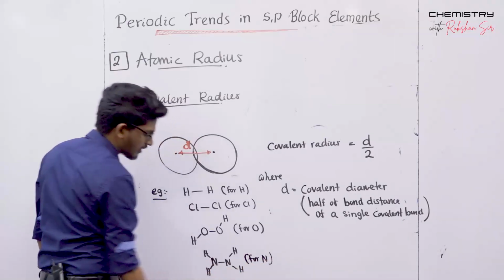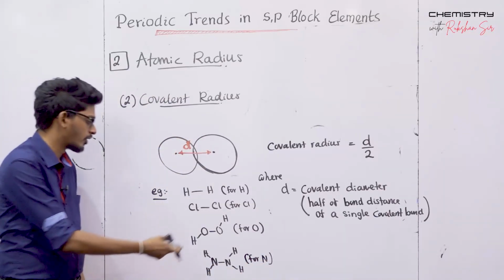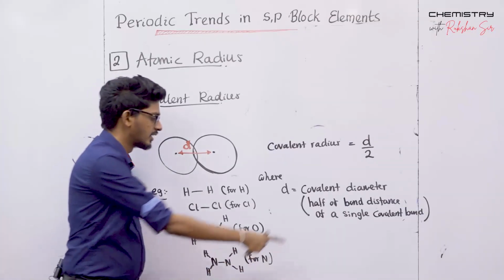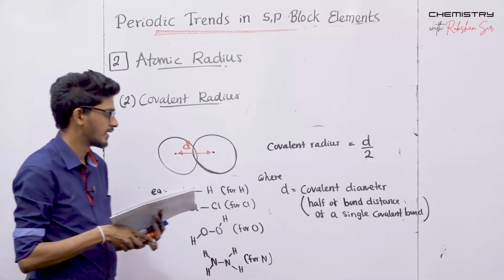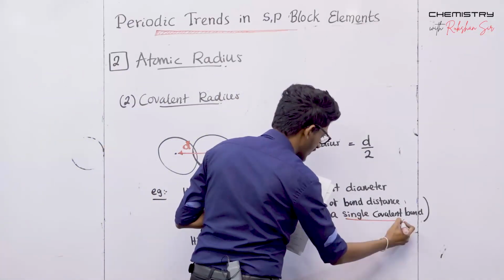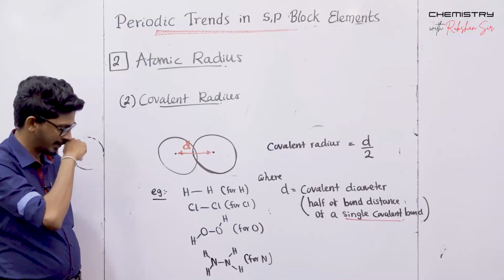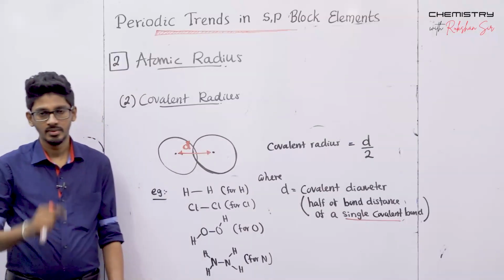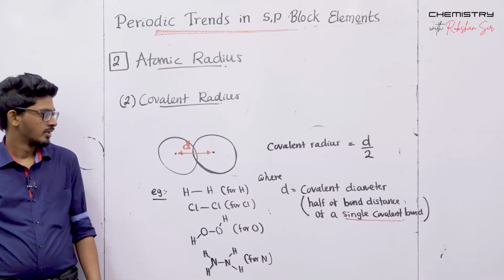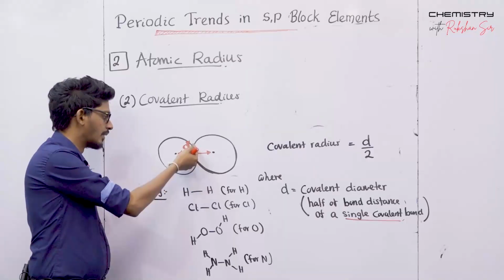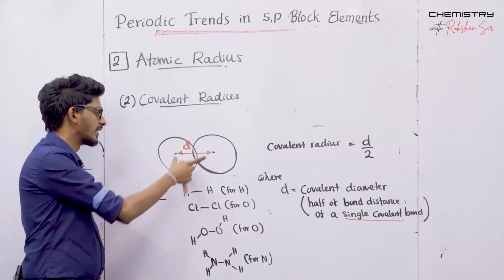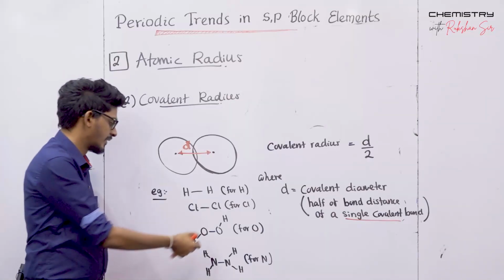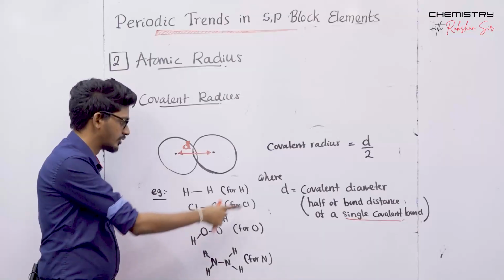We are not going for O2 or N2, because when it comes to O2 you don't have a single bond. We need to come up with a single covalent bond. If you are referring to double or triple bonds, the error will be high, right? There is an overlap with the double bonds and triple bonds. The overlap will be high, so the error will be high. To calculate the bond distance here, it should be a single bond.